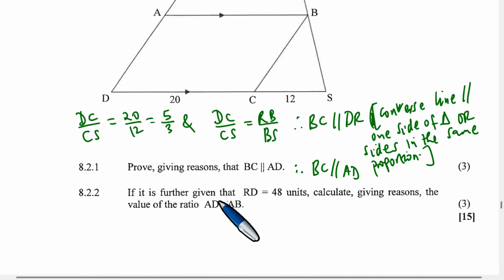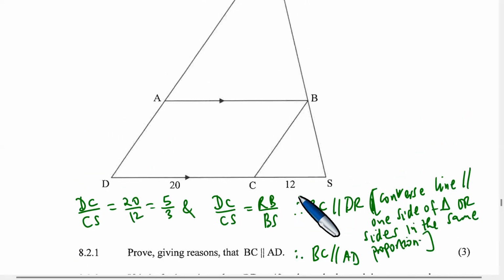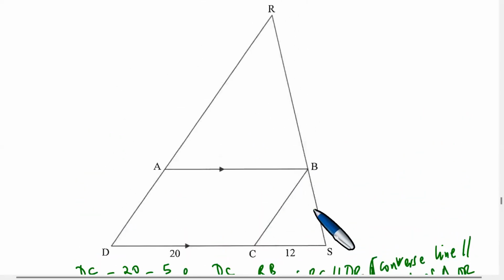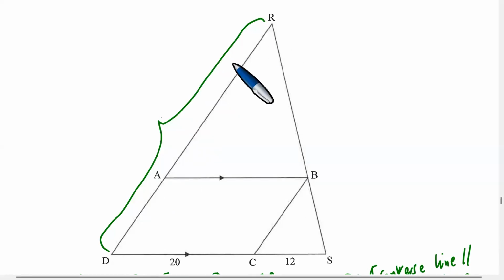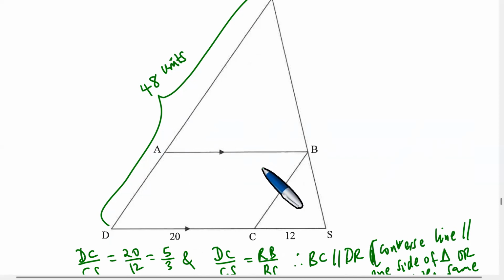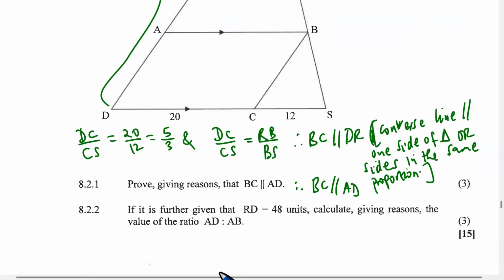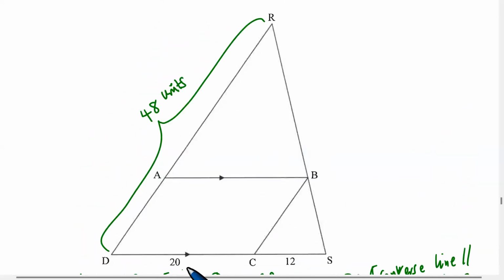If it is further given that RD is 48 units, so you have RD like this, calculate with reasons the value of the ratio AD to AB.